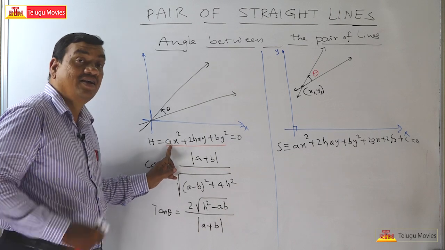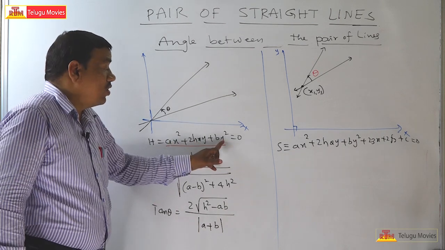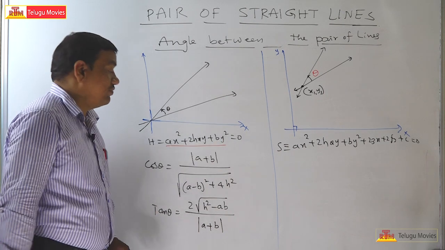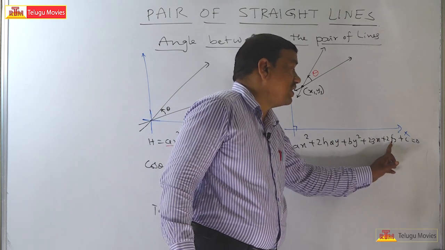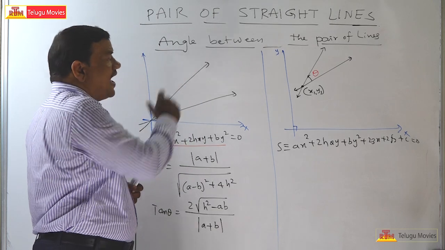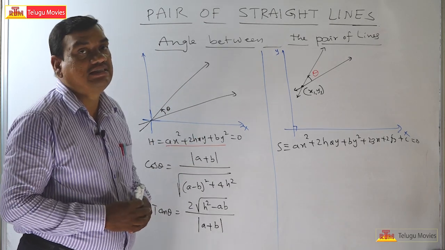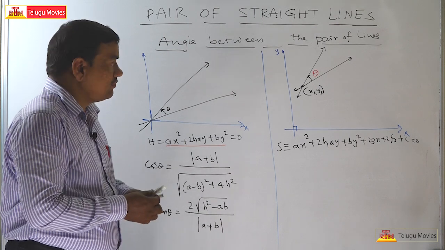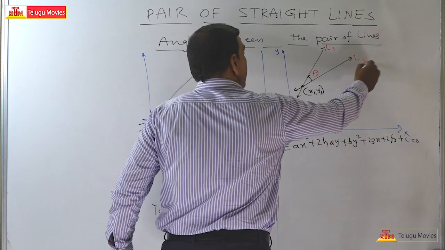That means a is the x square coefficient, h is the xy coefficient, and b is the y square coefficient. There is no need of any g, f, c value. That is the first thing we observe here. Now the angle between those two pair of lines is the same as, first draw a line, for example call it L1 and this is L2.